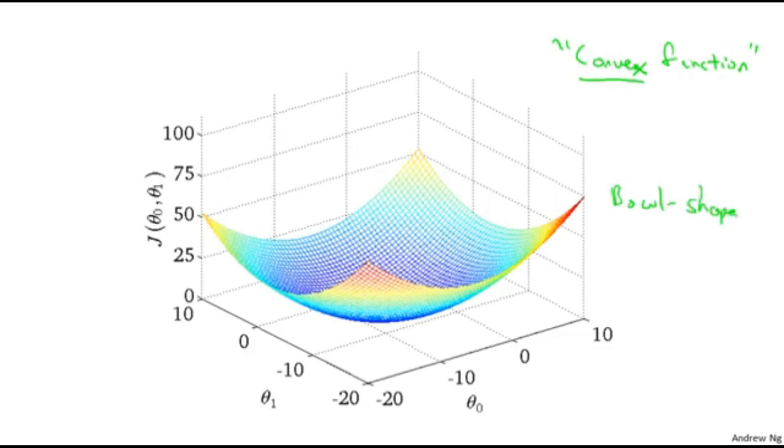So this function doesn't have any local optima except for the one global optimum. And gradient descent on this type of cost function, which you get whenever you're using linear regression, will always converge to the global optimum because there are no other local optima.